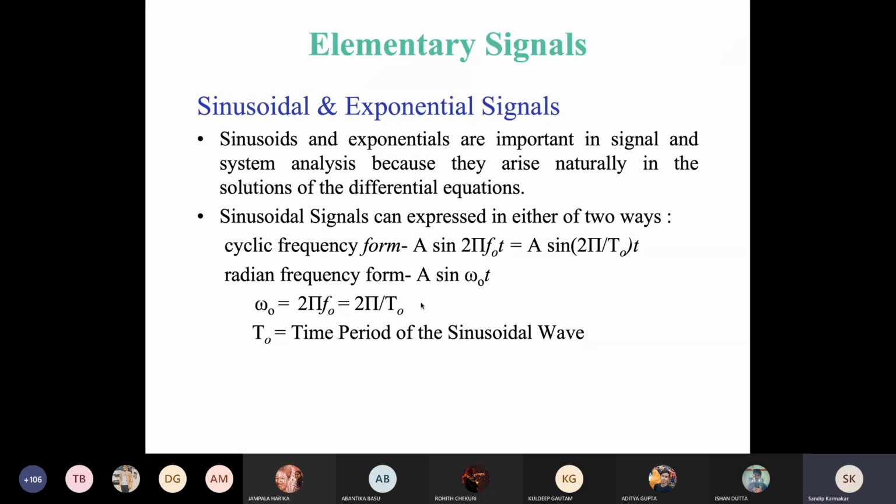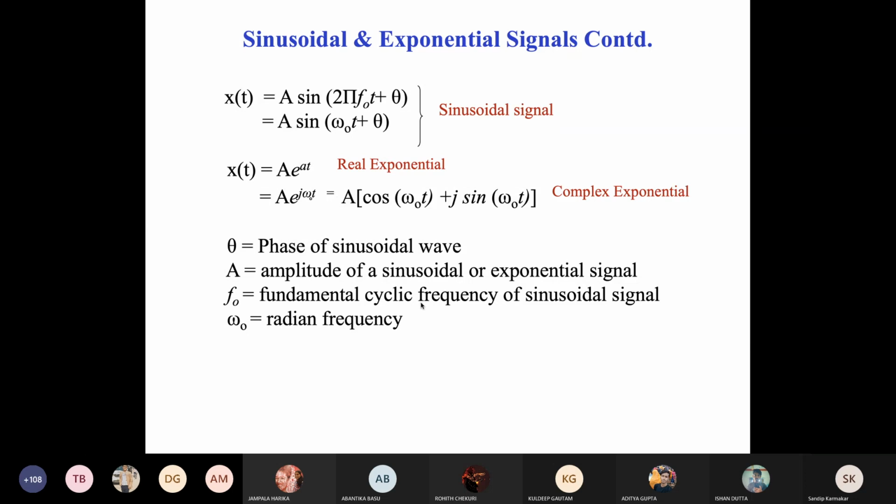Similarly, you have an exponential signal, that is A e to the power minus a t. Sinusoidal signals have, for example, x(t) equal to A sin (omega 0 t plus theta).